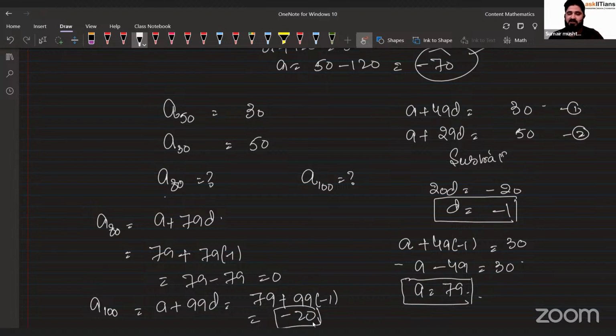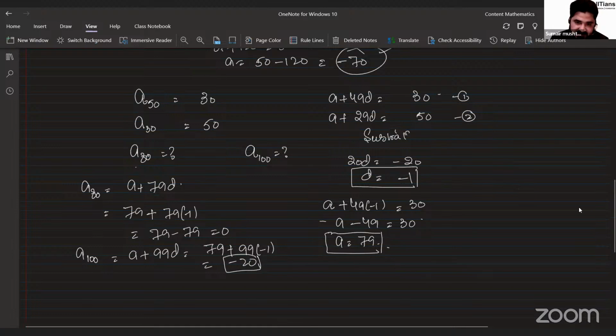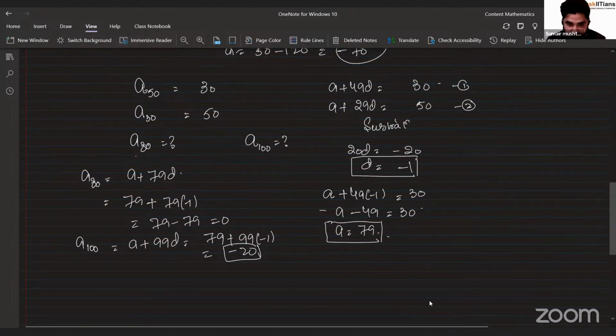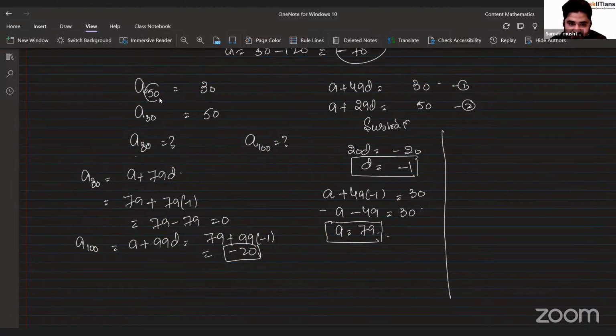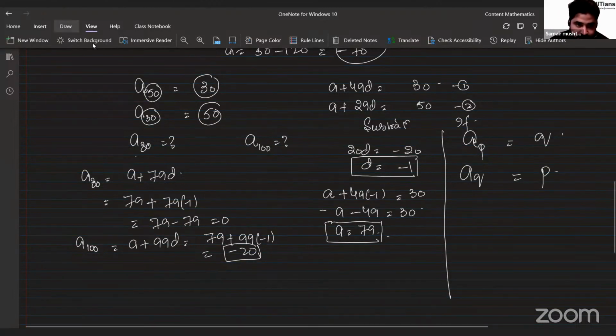See, I will tell you a pattern here. Simple thing. Remember, this is very easy. Listen, guys. If you see, this is 50, this is 30, this is 30, this is 50, right? Remember, if a_P is equal to Q, and a_Q is equal to P, getting me?